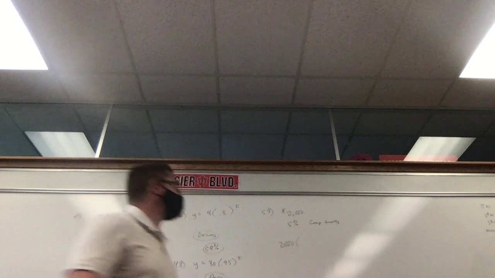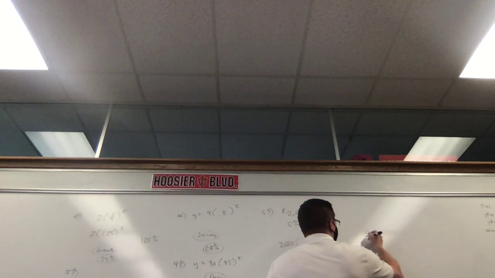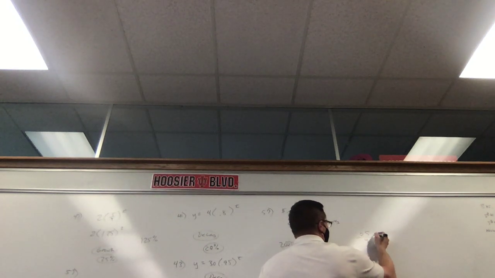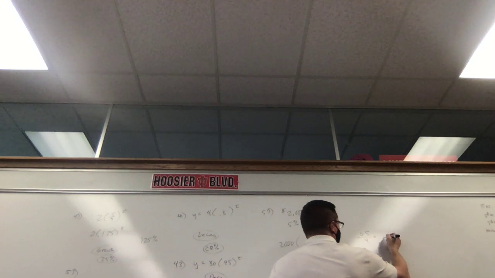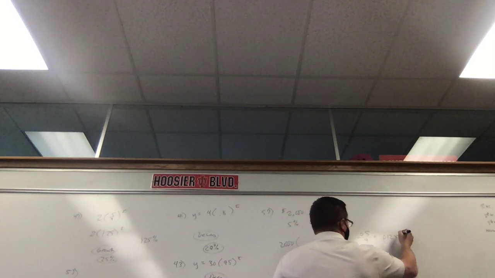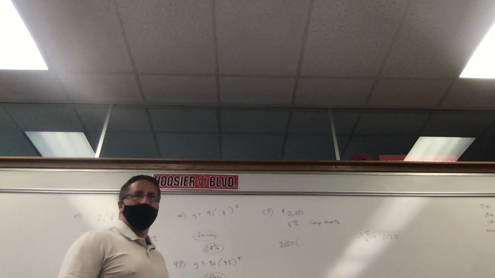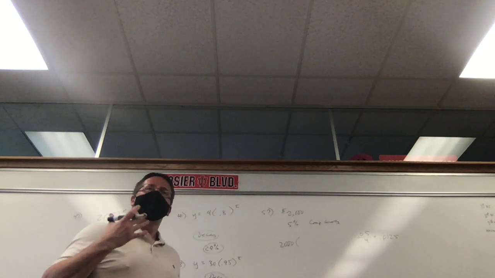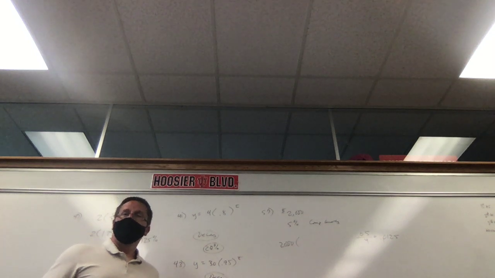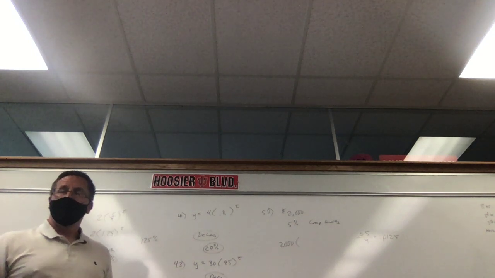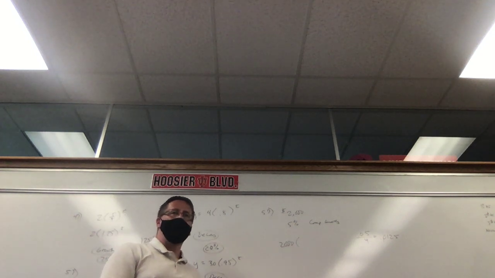So you need to take 5%, 0.05, and divide by 4. If you do that, you get 0.0125, so you get 1.25%. But you have all of your money, so you have 100% of your money plus 1.25% of interest.